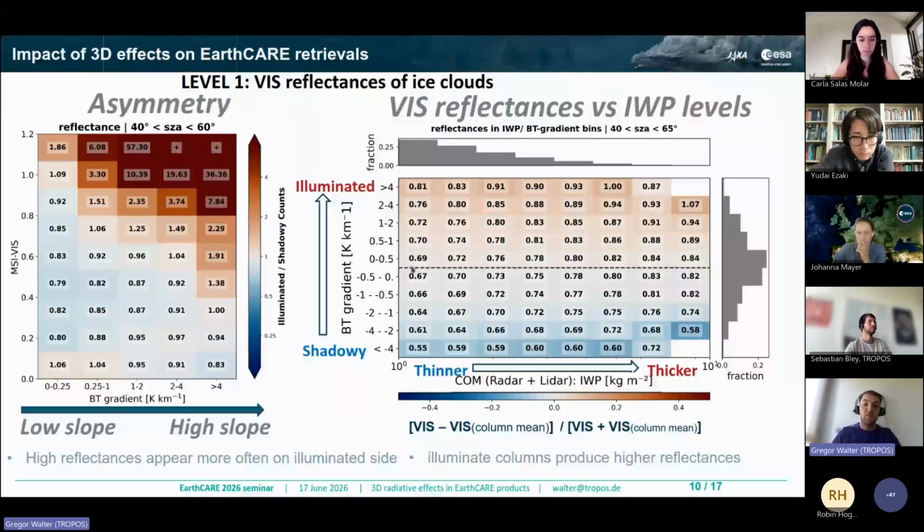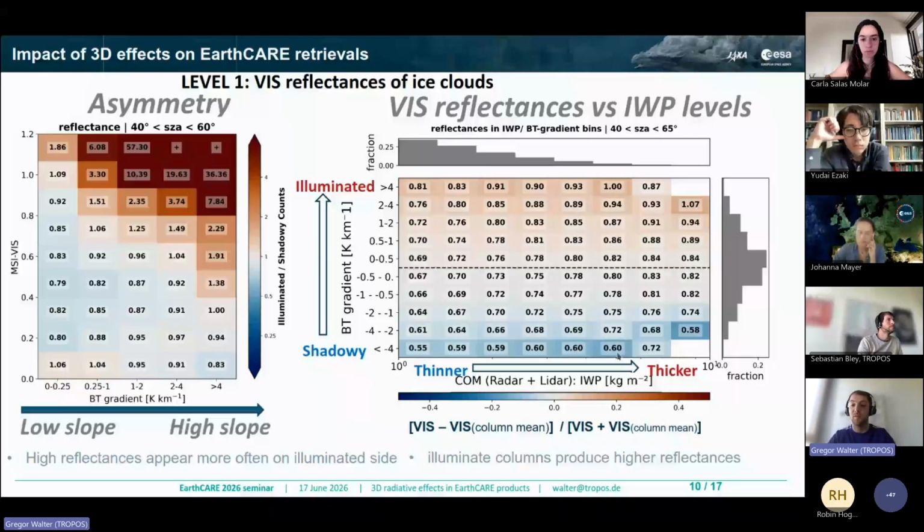And here for our bins, on the top we have illuminated, at the bottom shadowy, and in the middle more homogeneous. And we can see, if we follow one horizontal line, that the reflectances increase from thinner to thicker cloud, but also increase from shadowy to illuminated, and also clear differences.